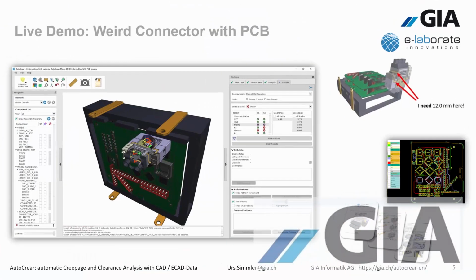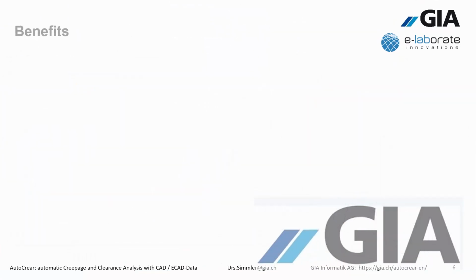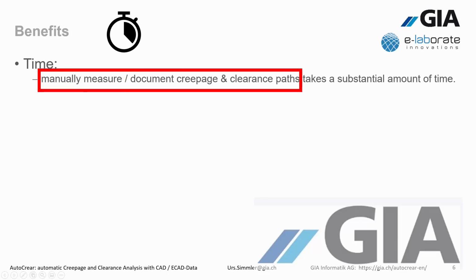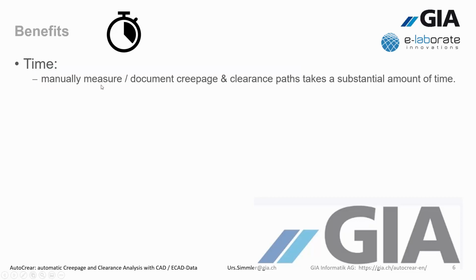Let's go back to my PowerPoint and let's have a look at the benefits. I think the time aspect is very important here. Imagine you have to manually measure and document the creepage and clearance paths. It will take you hours, days, weeks, depending on the complexity of the assembly, and I think you will miss some paths.